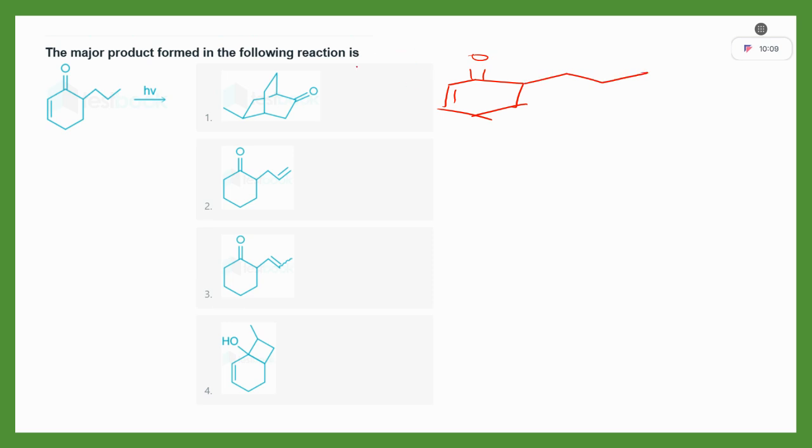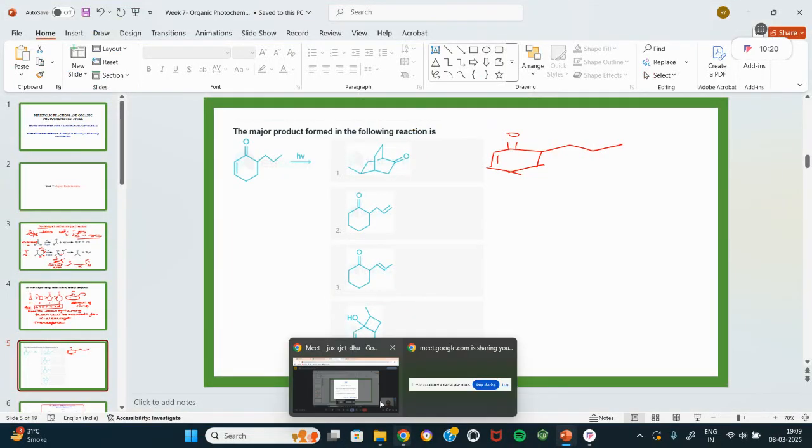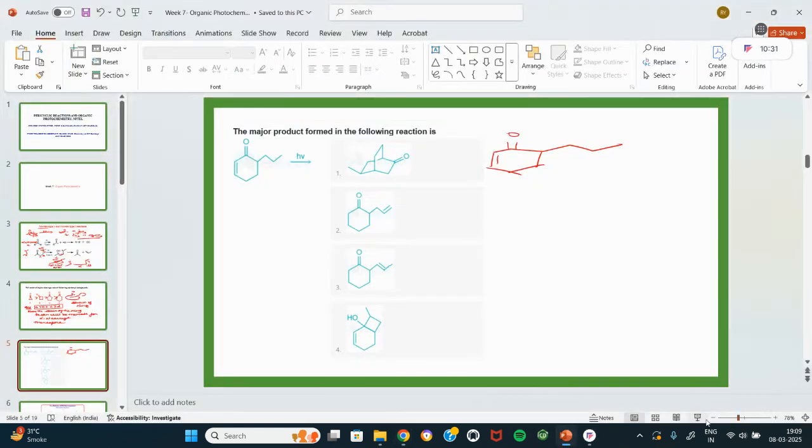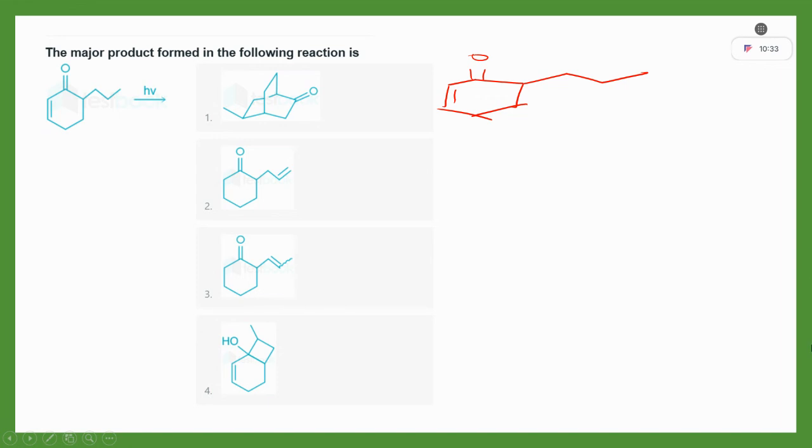If you can see, alpha cleavage can also occur. That is one case. So students, alpha cleavage is one case, but we can't see that alpha cleavage product anywhere, right?